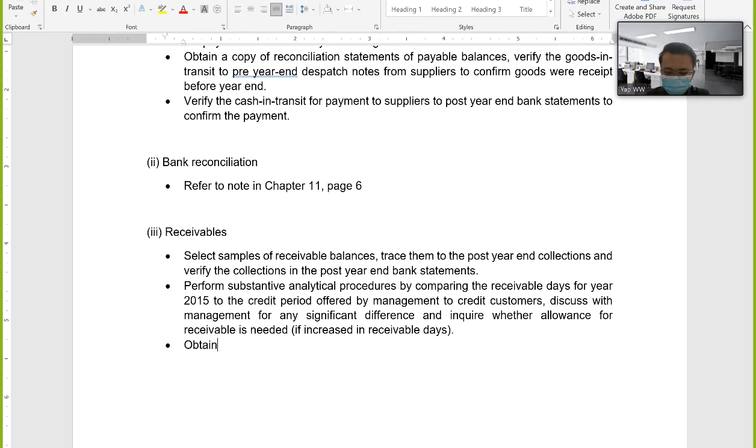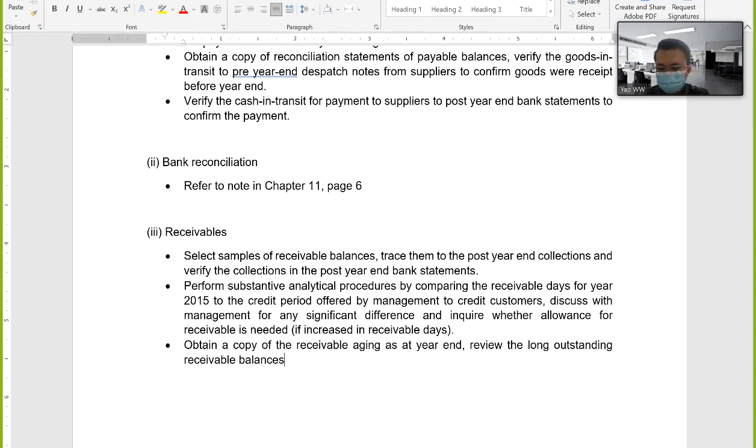So I will obtain a copy of the receivable aging as at year end. Okay. Review the long outstanding receivable balances in the aging report.